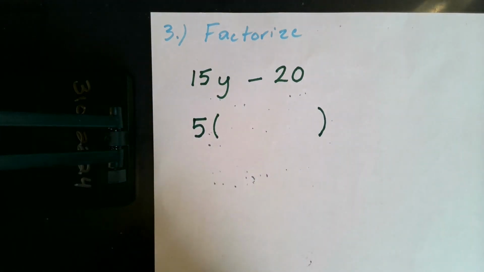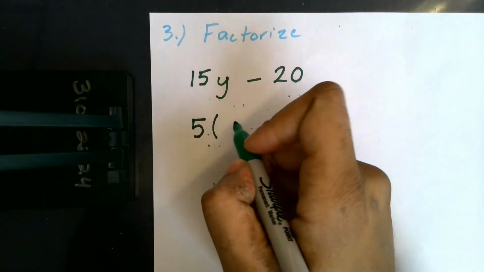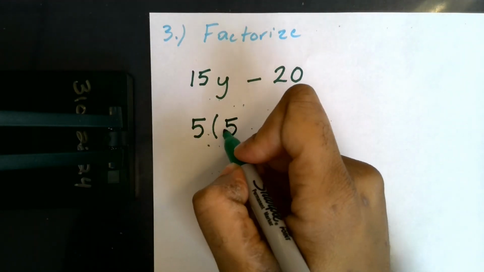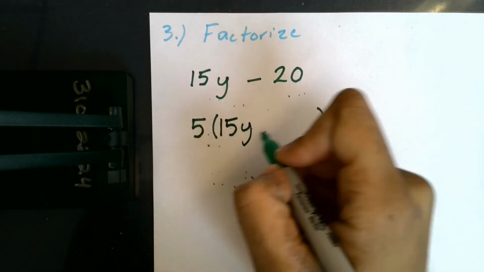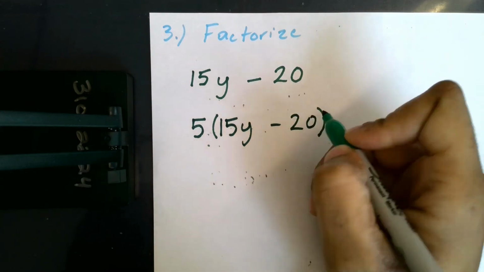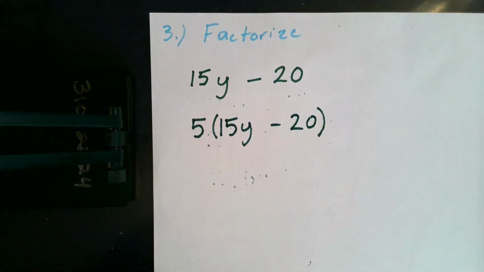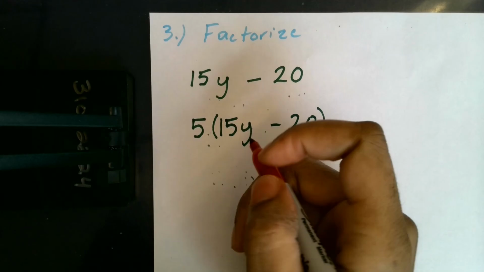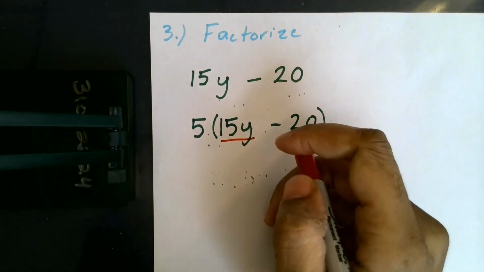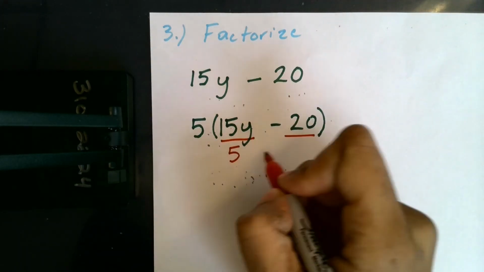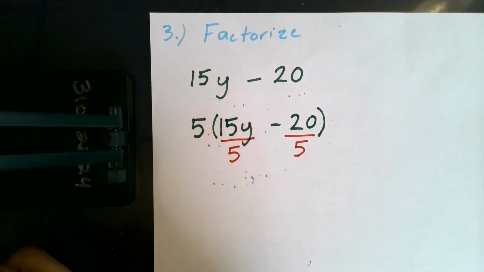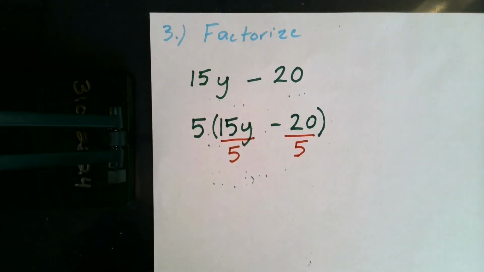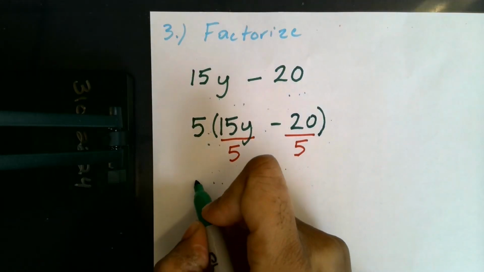So our original expression is written on the inside, and we divide each term by our GCF, which is actually 5 in this case. So our answer is 5.